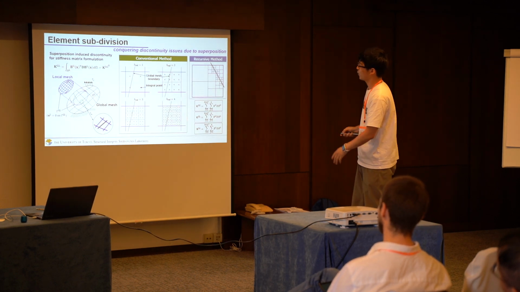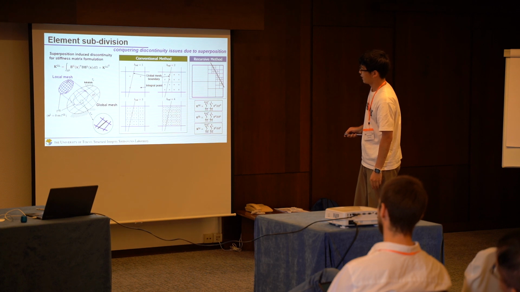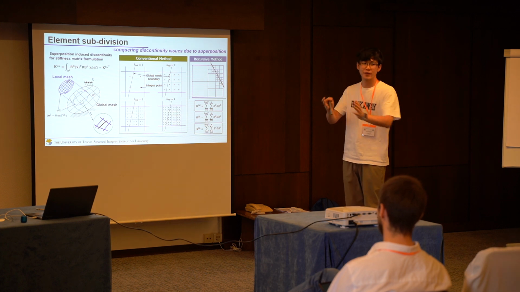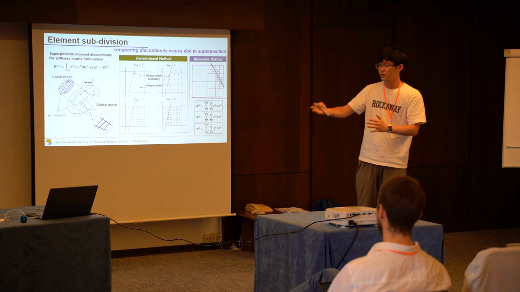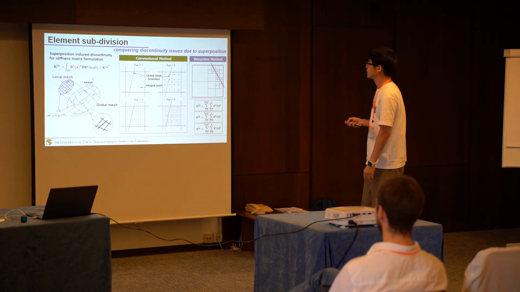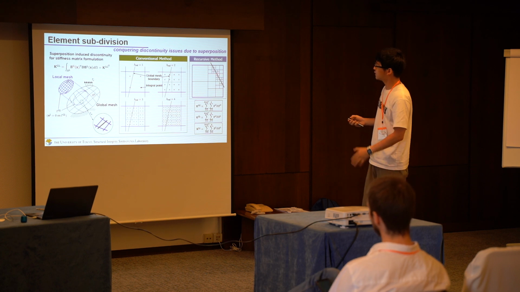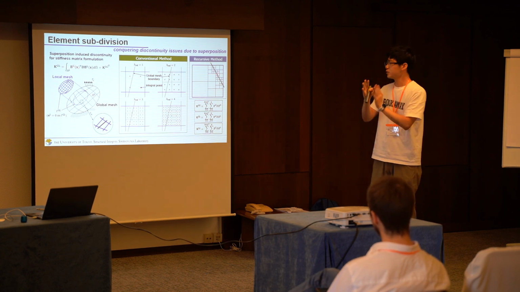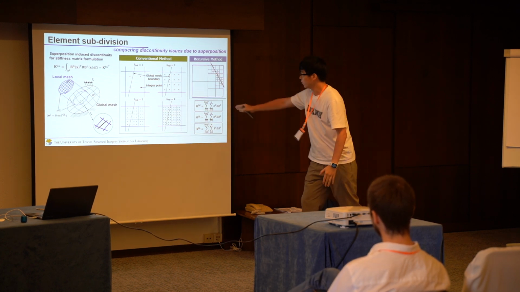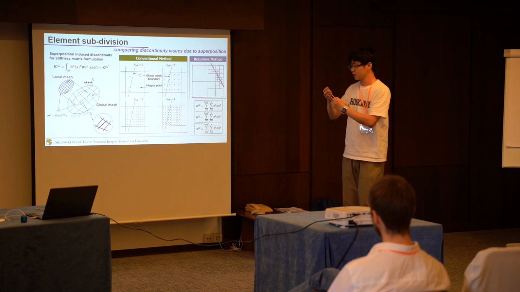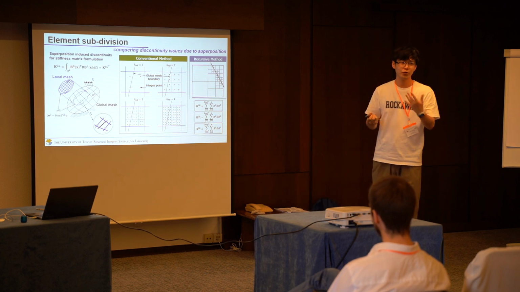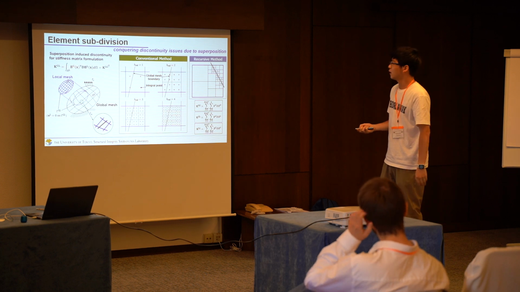But as you can see here, the integration points in this domain are useless because they are far away from the discontinuities. So we introduced the recursive method, and this method applies additional integration points just along these discontinuities, which reduces the numerical cost.